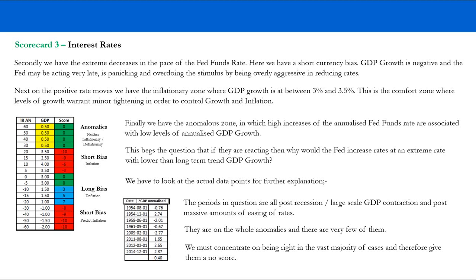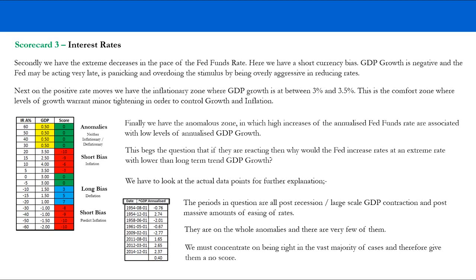Now, this begs the question that if they are reacting, then why would the Fed increase rates at an extreme rate when they are seeing lower than long-term trend GDP growth rates? Well, we have to actually look at the actual data points for further explanation.